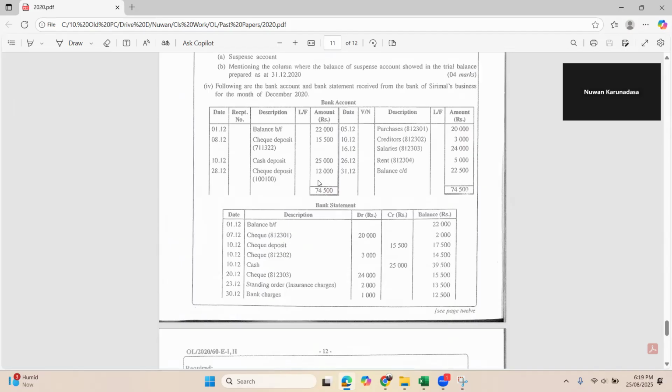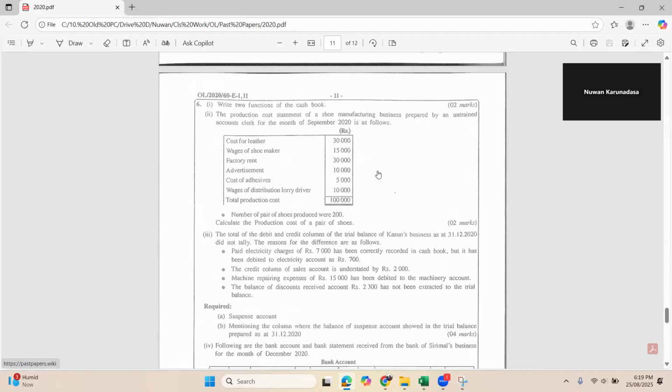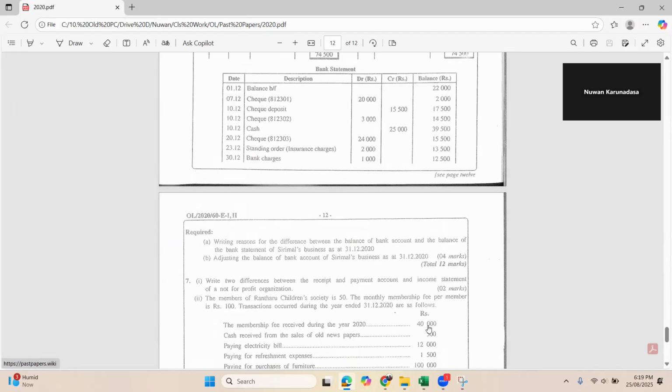Right, you can see in this question, that is 2020 O level, question number 6.4.